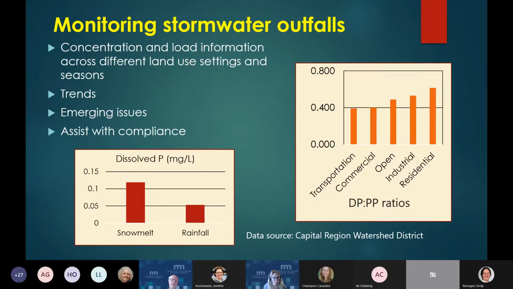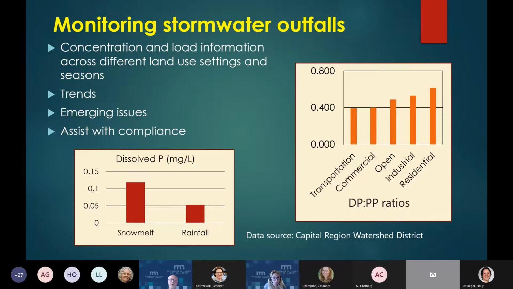So what are we going to do about that? Does that mean we have to remove more organic material in the fall? Is that where that dissolved phosphorus is coming from in snowmelt? And so it also helps us with our communication with the research community. They're the ones that we can turn to and say, hey, it looks like we've got this pulse of dissolved phosphorus coming in the spring. Help us understand what's causing that.